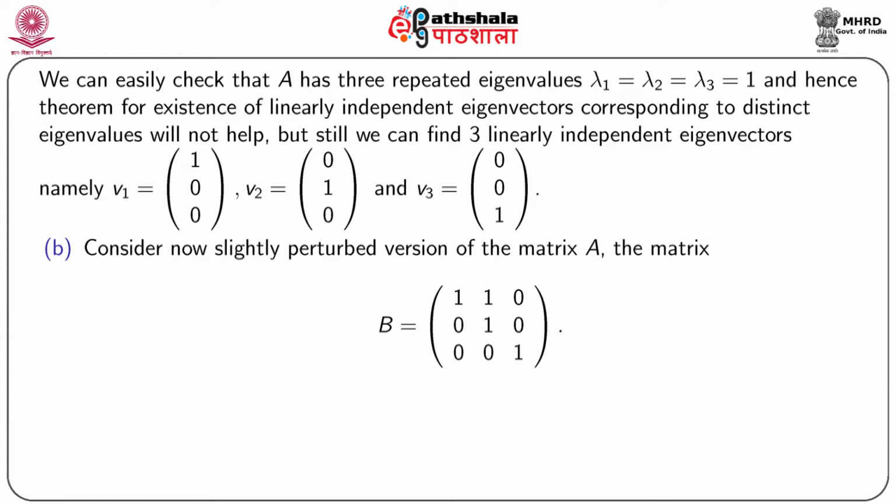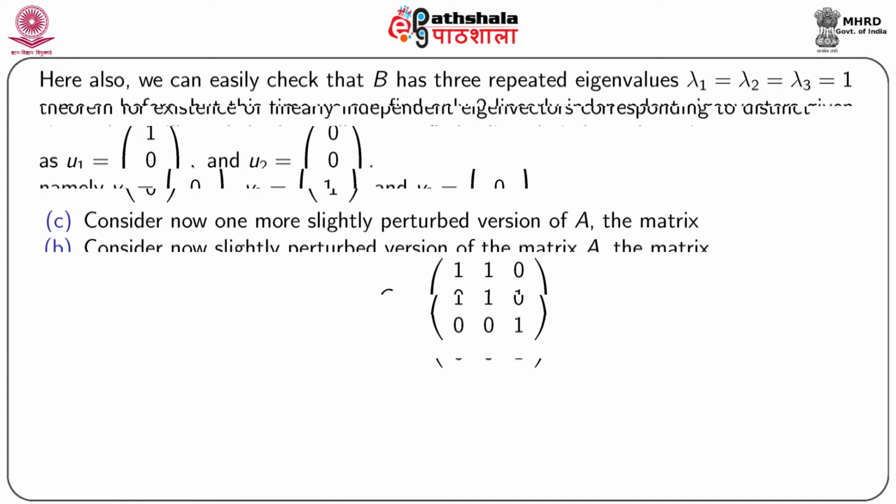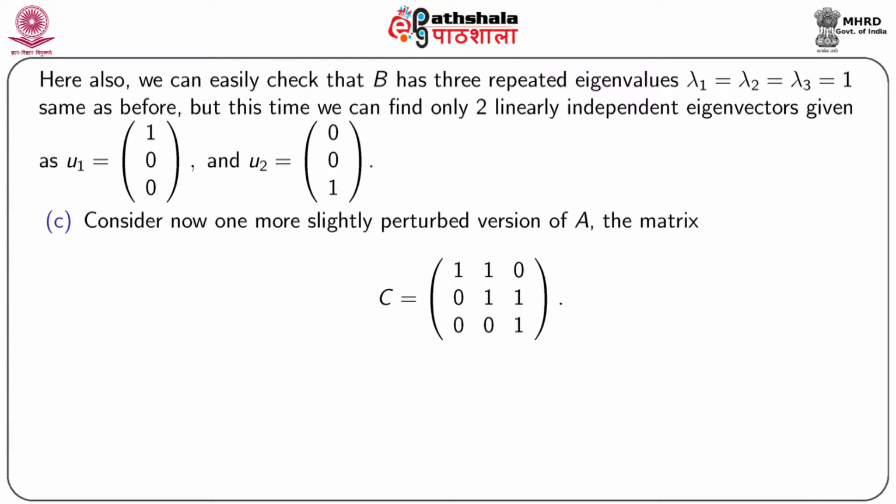So, the only addition is this number 1, which was 0 in the case of matrix A. Here also it can be easily checked that B has three repeated eigenvalues, lambda 1, lambda 2 and lambda 3, all equal to 1, but this time we can find only two linearly independent eigenvectors, given by u1 equal to 1 0 0 and u2 equal to 0 0 1.